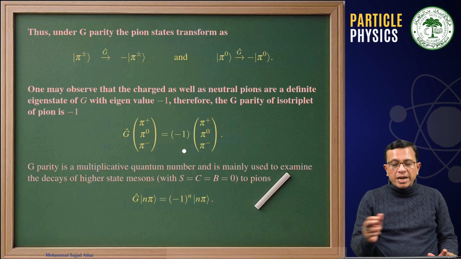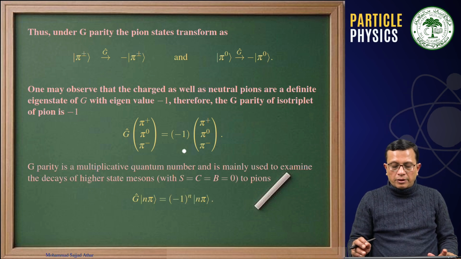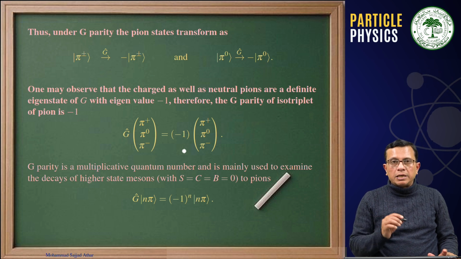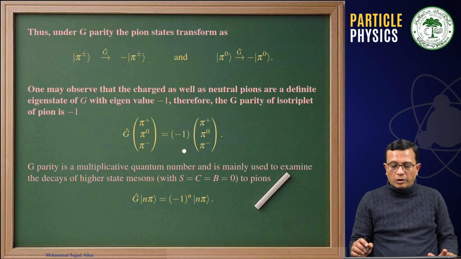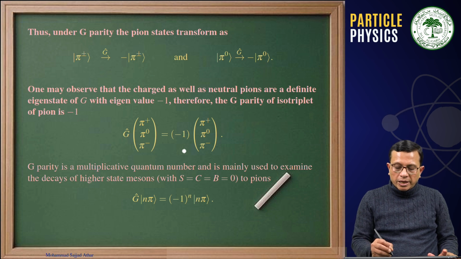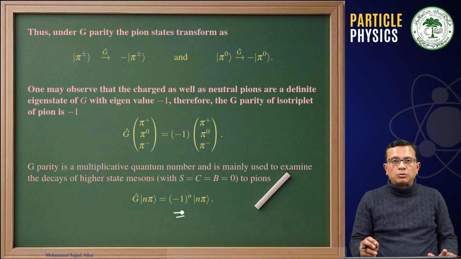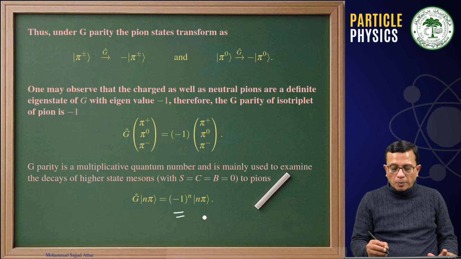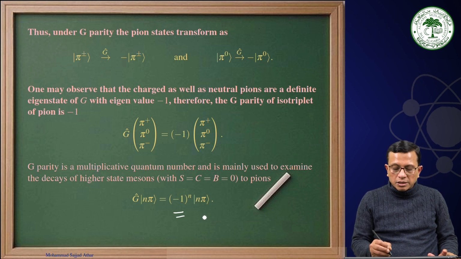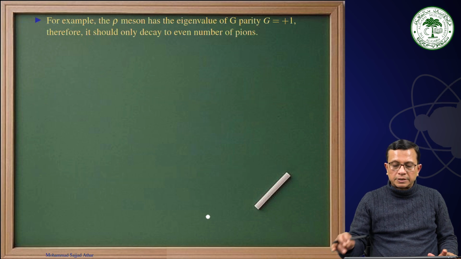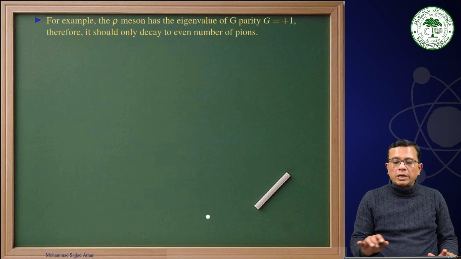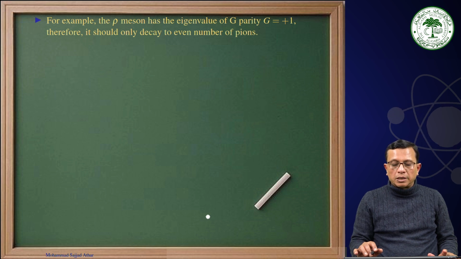Similarly, if we have n number of pions in the final state, because G parity is also a multiplicative quantum number, then we can write it as minus 1 to the power n, for n pi. This is important. Now, for example, rho meson has the eigenvalue of G parity, G equal to plus 1.